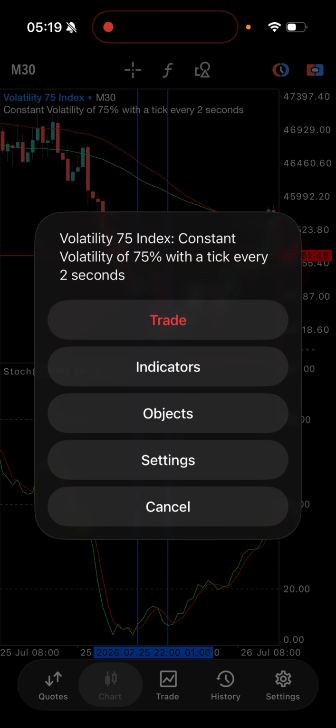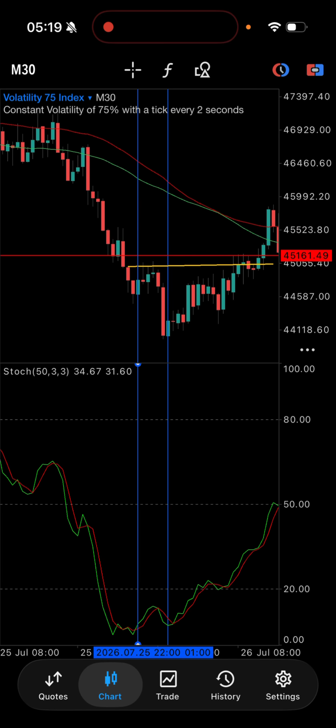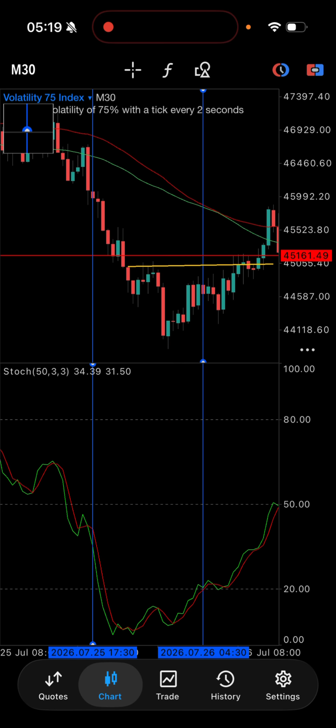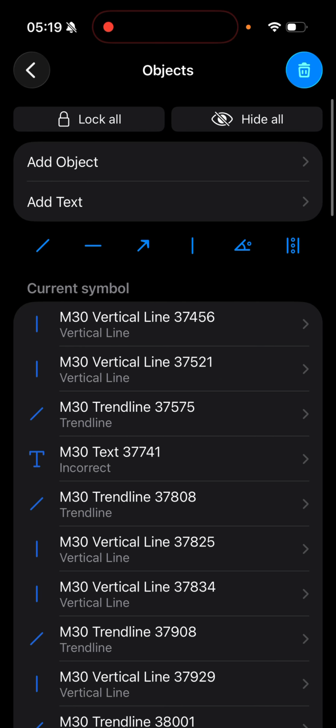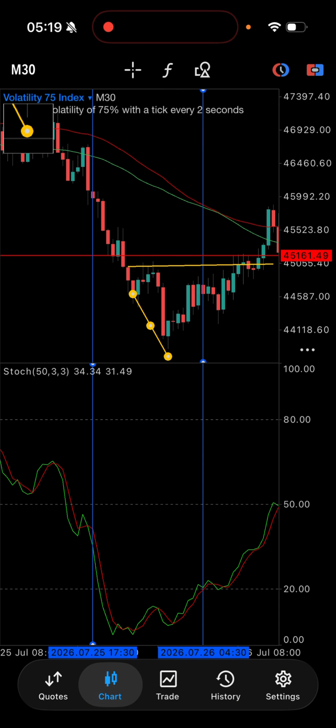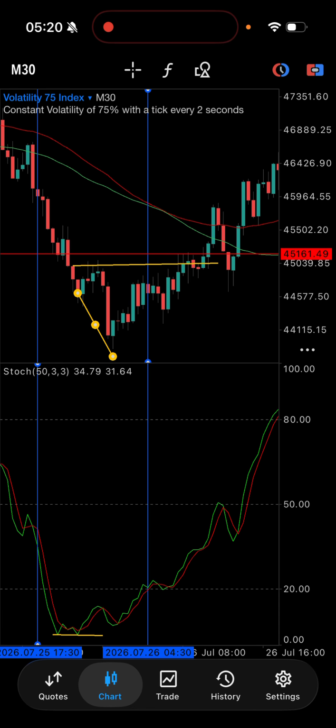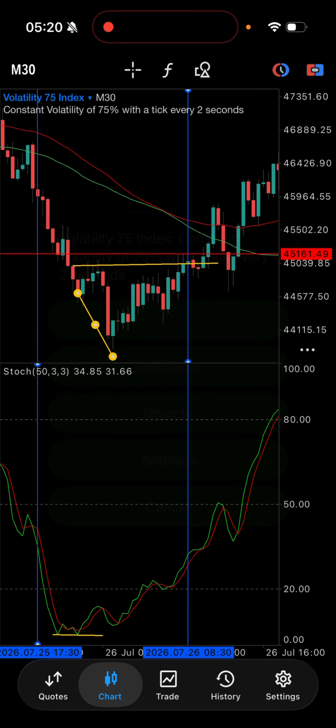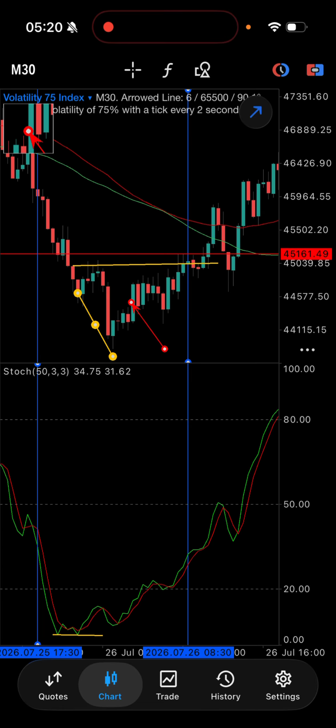You can see we have something different here. This is a proper setup. Believe me, my first trade will be here.